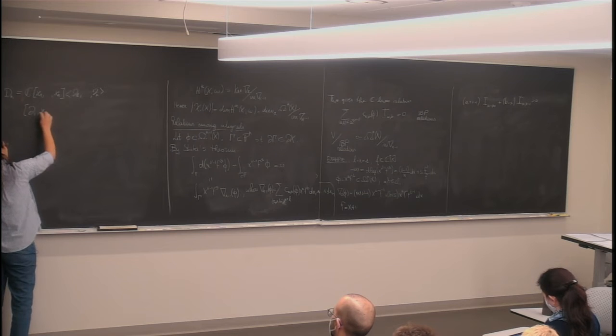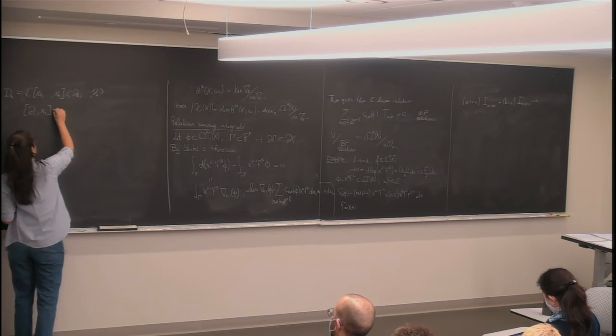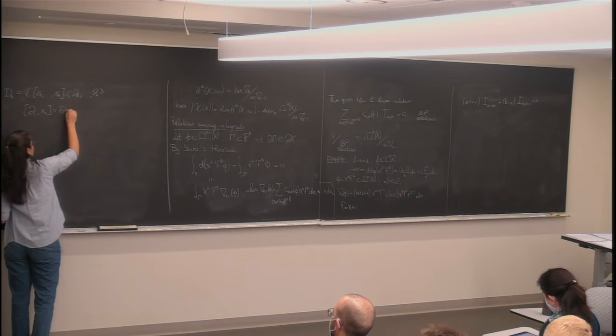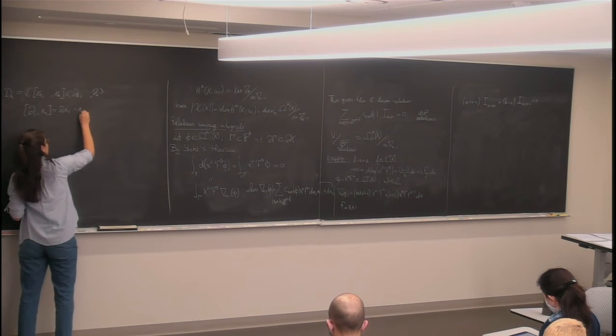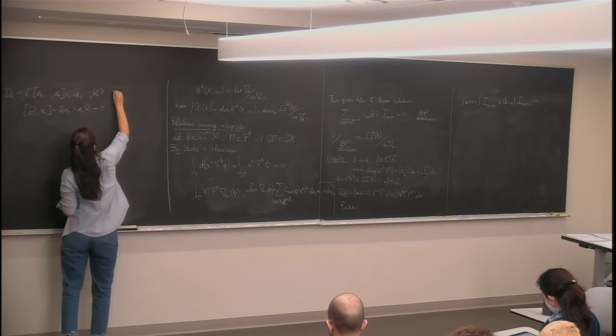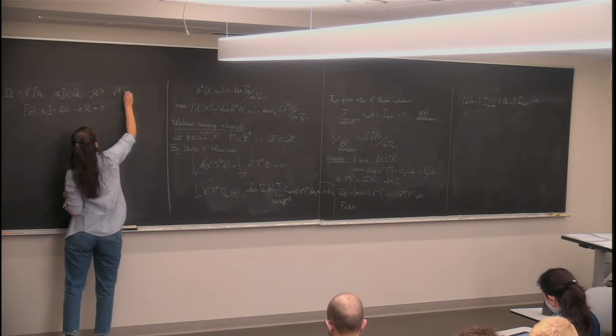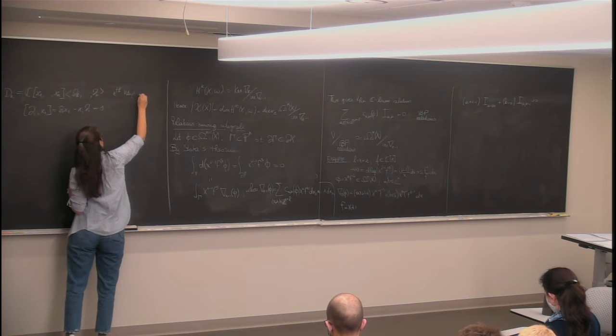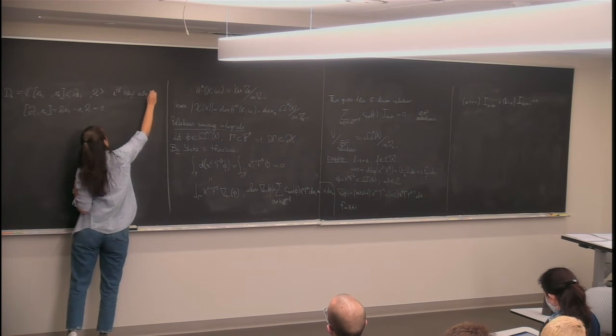So ∂_i and x_i do not commute: ∂_i x_i − x_i ∂_i = 1, and this is what is called the n-th Weyl algebra.